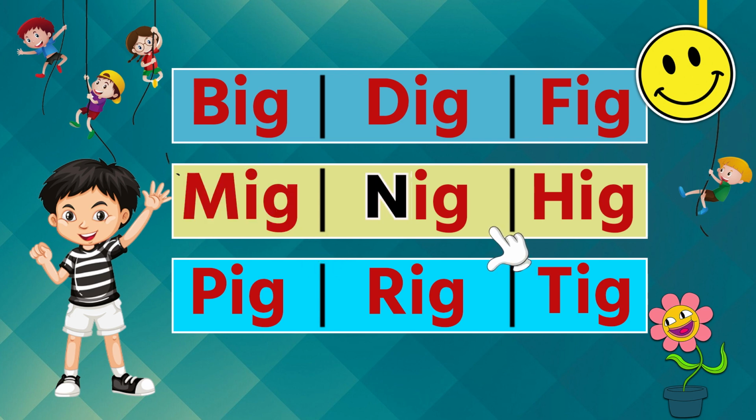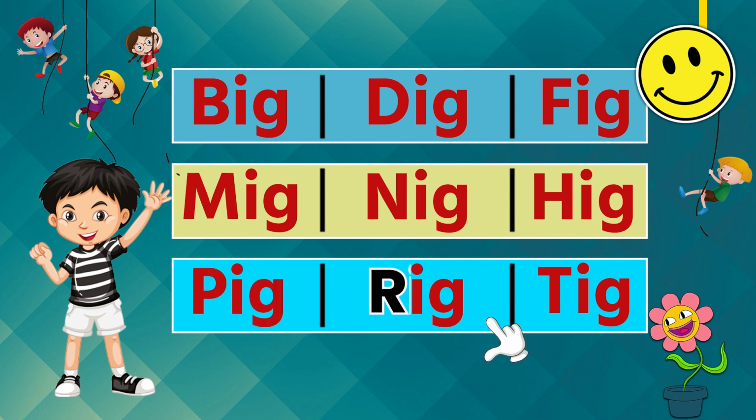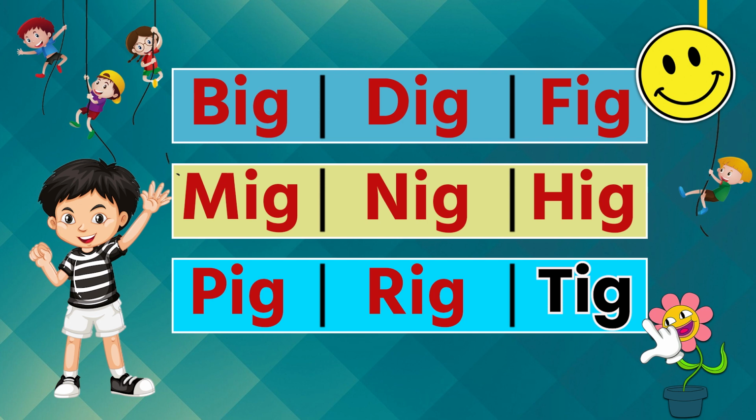N, E, Ni, G, nig. H, E, Hi, G, hig. P, E, P, G, pig. R, E, Ri, G, rig. T, E, T, G, tig.